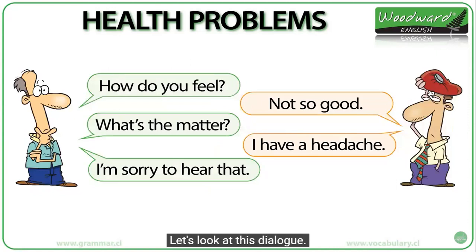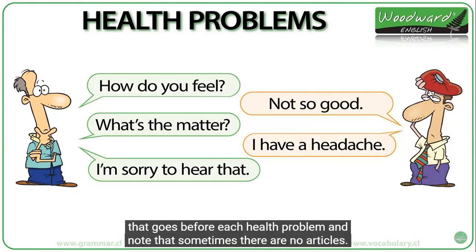Let's look at this dialogue. How do you feel? Not so good. What's the matter? I have a headache. I'm sorry to hear that. Let's look at different types of health problems. Pay attention to the article that goes before each health problem. And note that sometimes there are no articles.